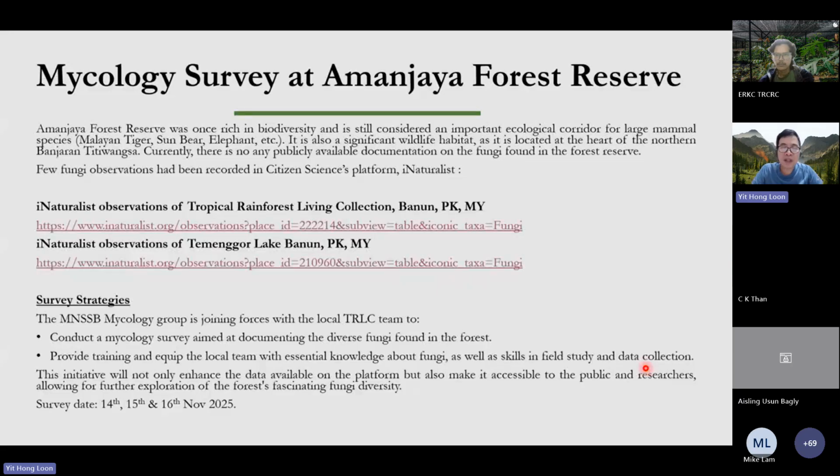So we'll train the people there so that more people are involved, more trained persons contribute to this database. We can have more complete information on the fungi diversity at the location. So the planned survey date actually is 14, 15, 16 November.